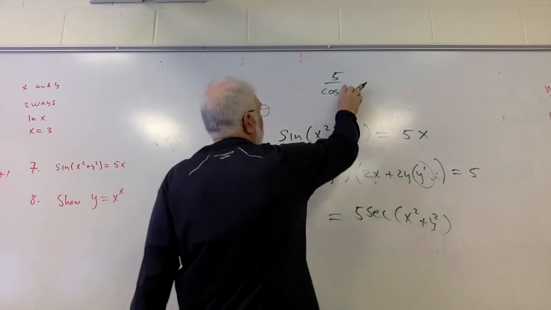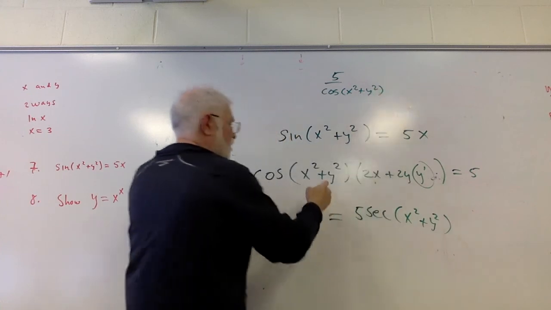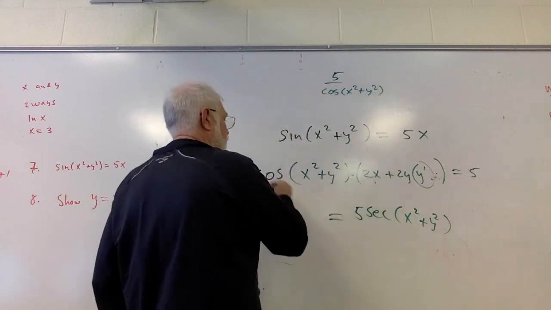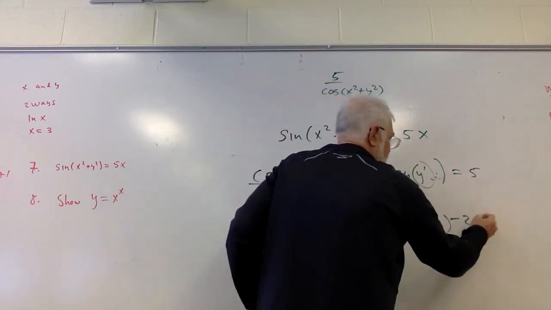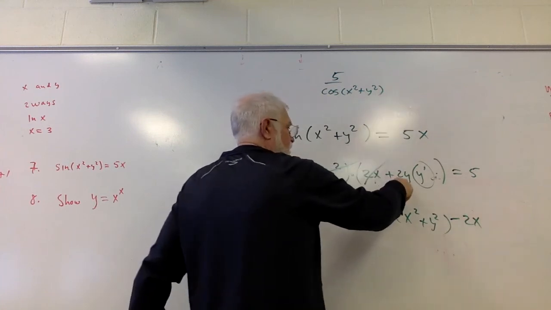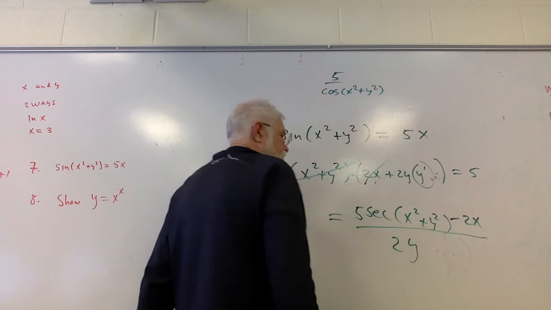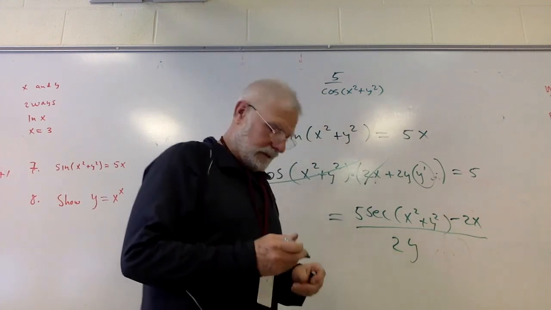Right? Because really what I had was 5 over cosine of x squared plus y squared. This is multiplication here, right? Multiplication becomes division. All right? So now this has gone to the other side. I've got plus 2x. That's going to be minus 2x. That's gone. I'm going to divide by 2y. And there it is. Stated implicitly, y prime.